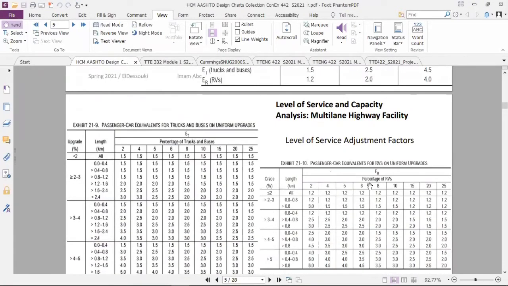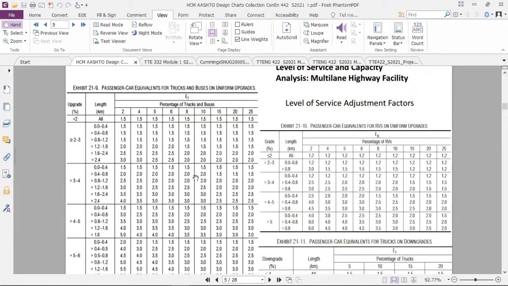This table is for passenger car equivalents for trucks and buses on uniform upgrades. Since we are going upgrade, this is the table we look for.